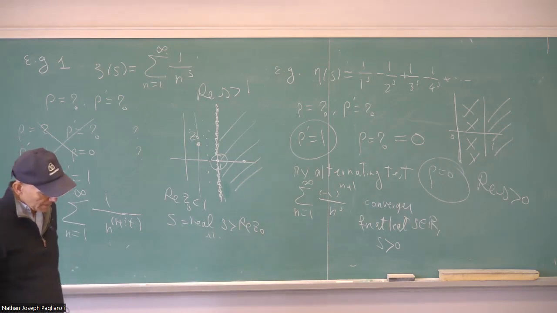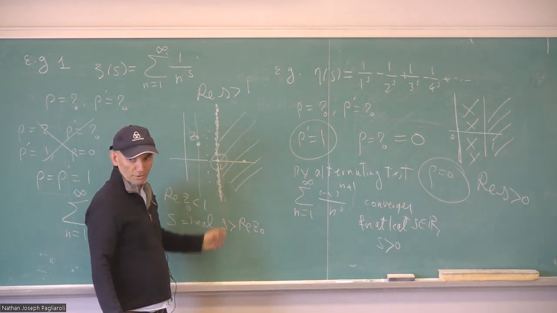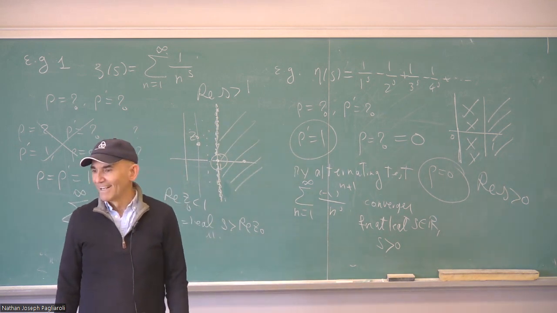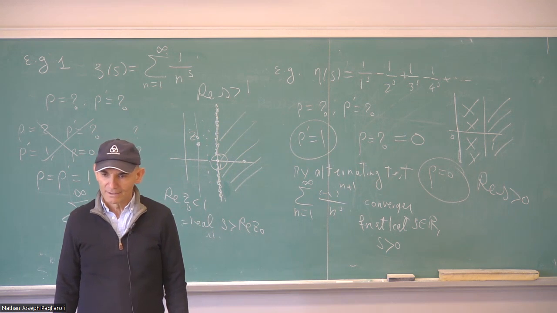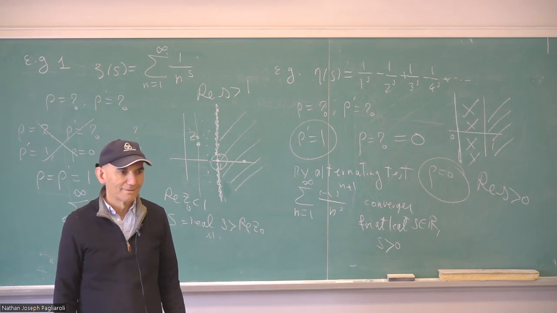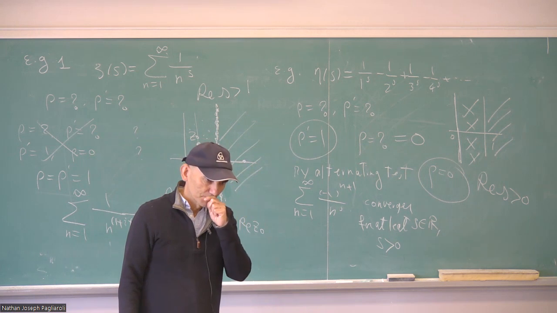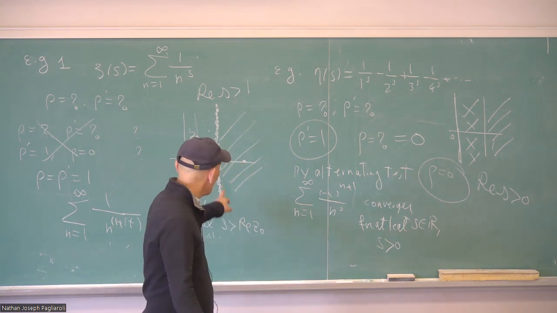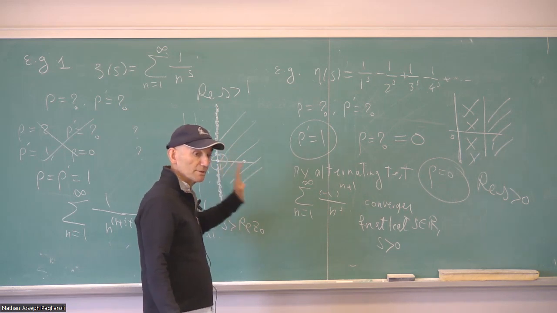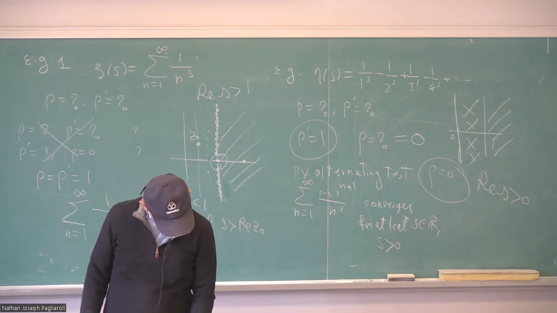But we'll see that actually it converges at all these other points. That's quite interesting. No, it's not removable at all. That's a real singularity. We'll see. I'm just teasing your appetite for things to come.